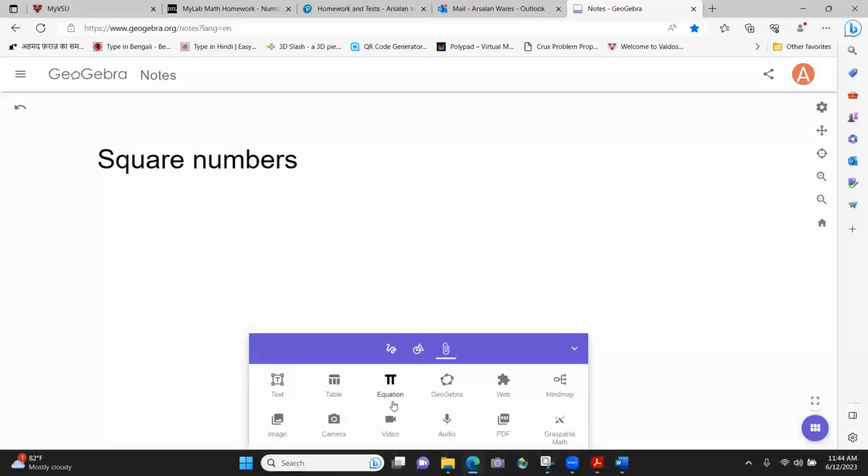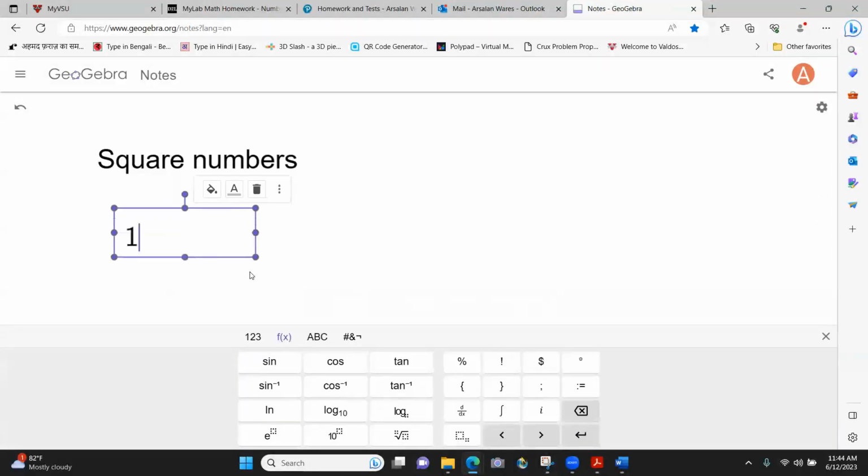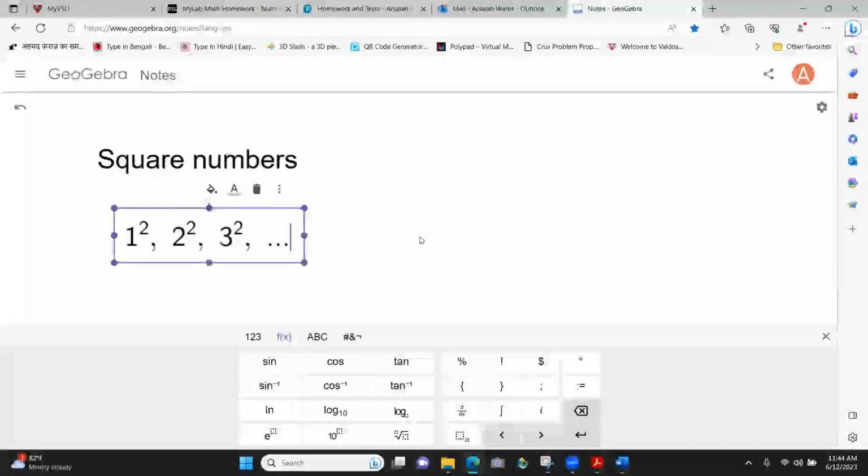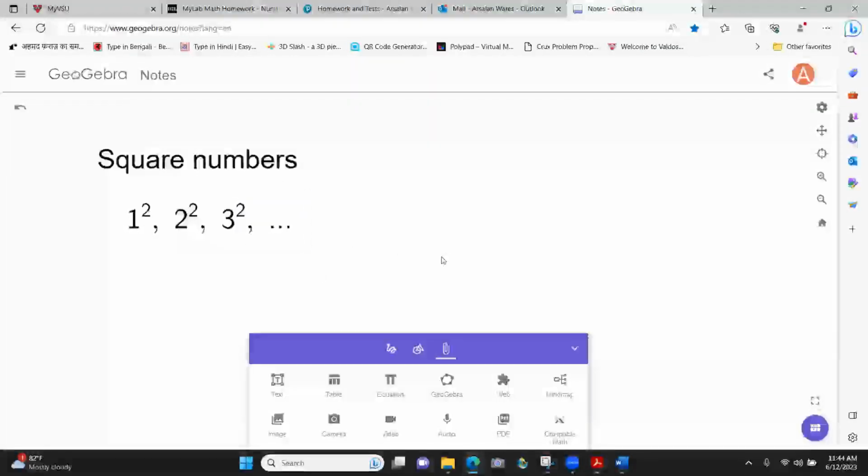The second square number is 2 squared. So let's write it down properly. 1 squared. The second square number is 2 squared. The third one is 3 squared. Dot, dot, dot.